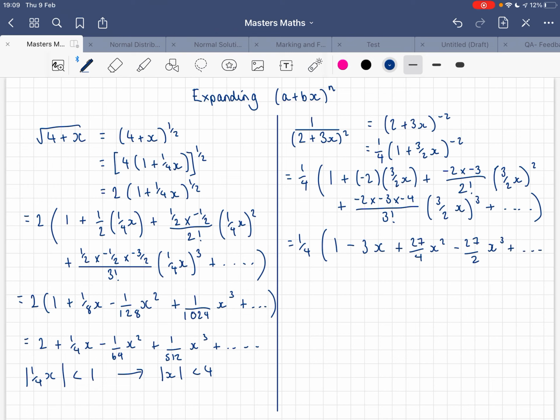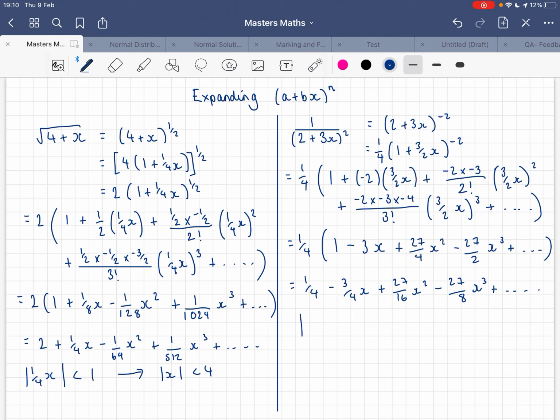And again, we could continue that on forever if we really wanted to. Then we multiply the quarter back in. So our final expansion is a quarter minus 3/4 x plus 27 over 16 x squared minus 27 over 8 x cubed. Remember to state when the expansion's valid.